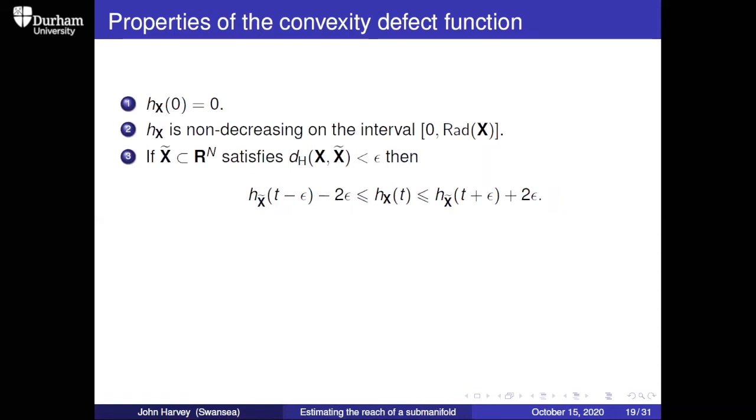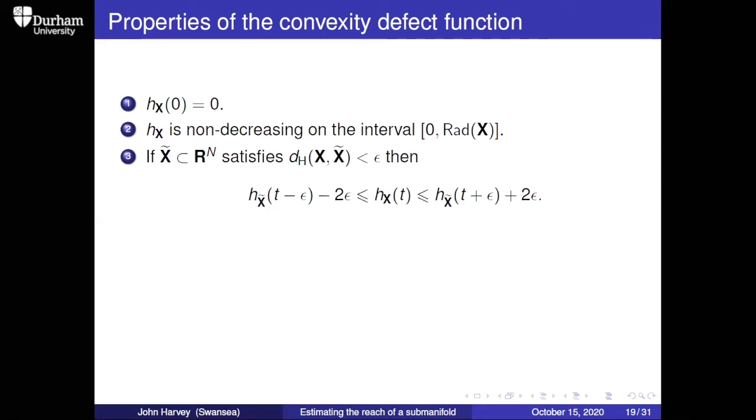This is a non-decreasing function. Eventually, the entire submanifold itself will be a subset of whatever given radius you get to. At that point, the convex hull at that scale will in fact be the entire convex hull, and things will stop increasing. Things will level off there.